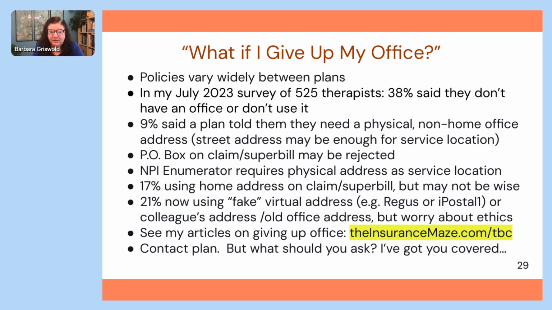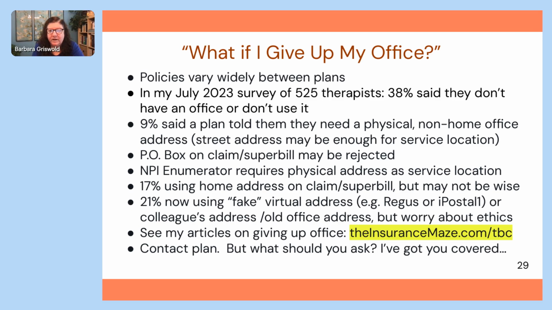Now, remember, a PO box on a claim or a super bill could be rejected. And the NPI enumerator, who gives out your NPI number, requires a physical address as a service location. So what is this leading us to? 17% said they were using their home address on claims and super bills. But this is a little risky, right? We're dealing with a very difficult population sometimes.